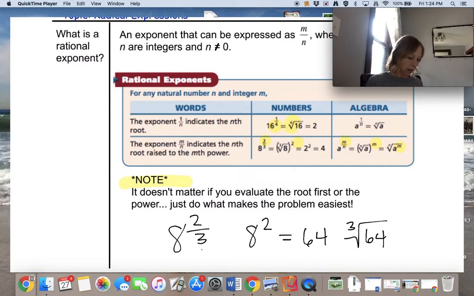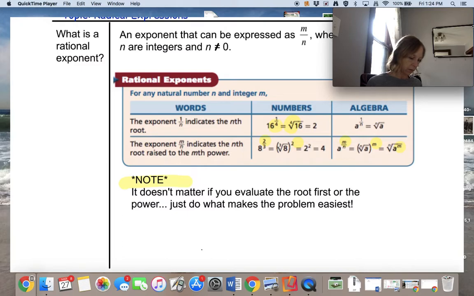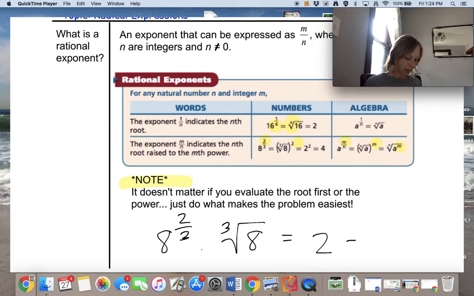Or what I could do instead, because I actually don't like that one, cube root of 64, I'm not quite sure what that is. Oh, I think it's 4. I can go the other way, and I could say, well, the cube root of 8 is just 2, and then 2 squared is 4. So I can do it in either order. Whatever is easiest for me is what I should do.